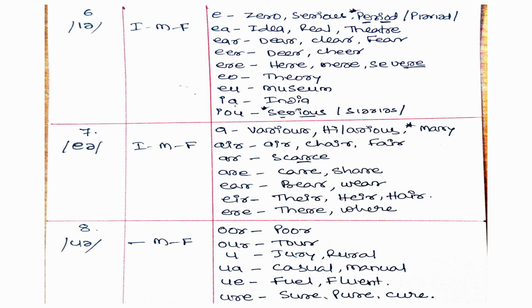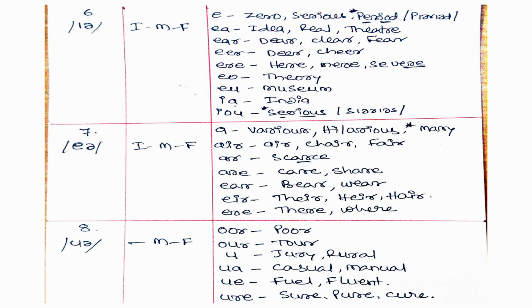It's represented with the letter A. In the words such as VARIOUS, that is various, various. Now, HILARIOUS, hilarious. MARY, Mary.